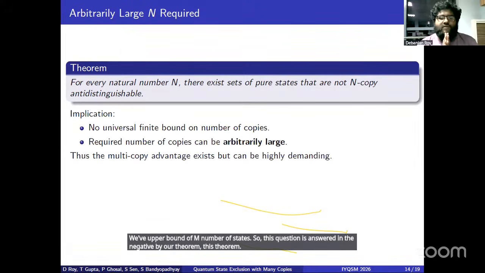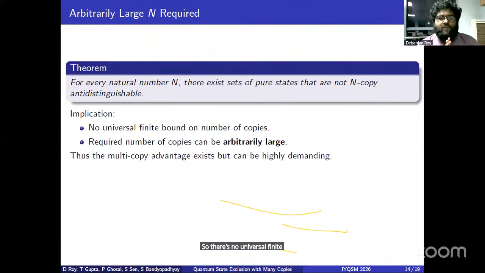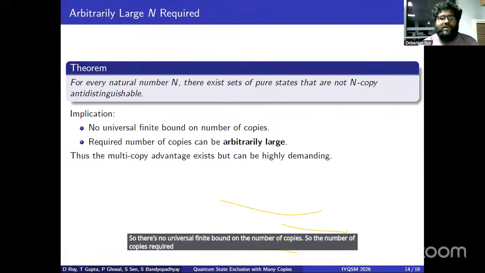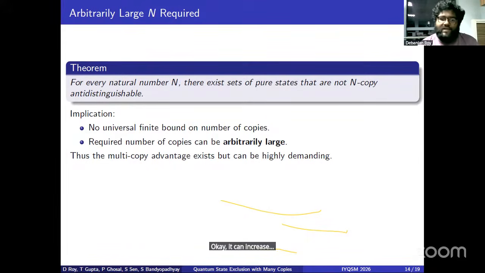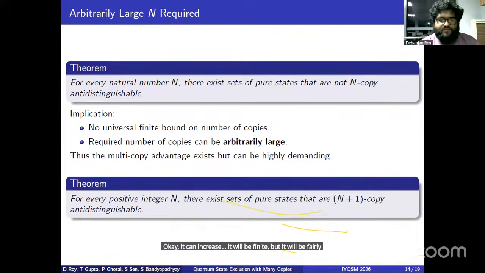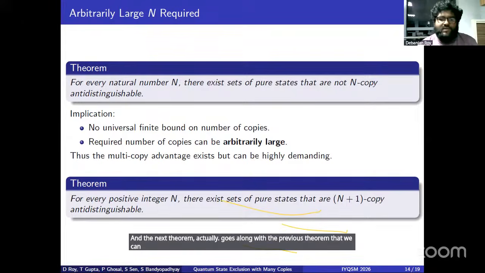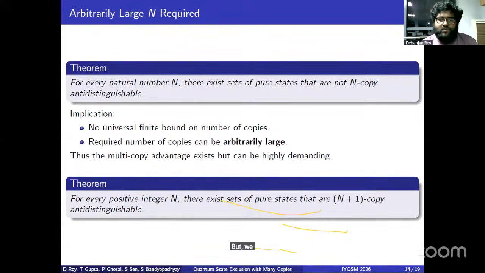So there is no universal finite bound on the number of copies. The number of copies required can become arbitrarily large. It will be finite, but it will be arbitrarily large. And the next theorem goes along with the previous theorem, that we can have a positive integer n, but there can exist pure states.